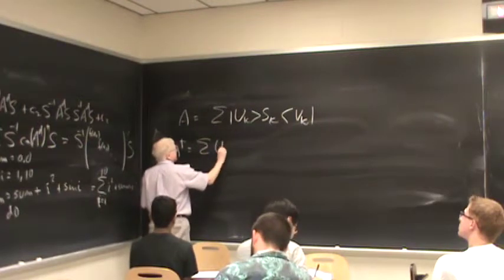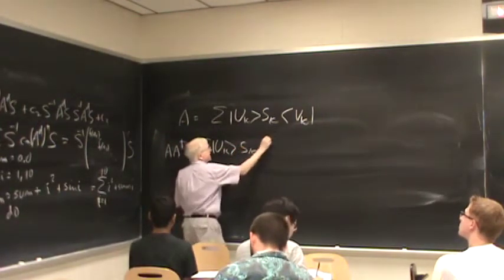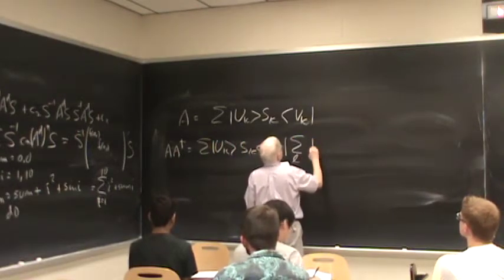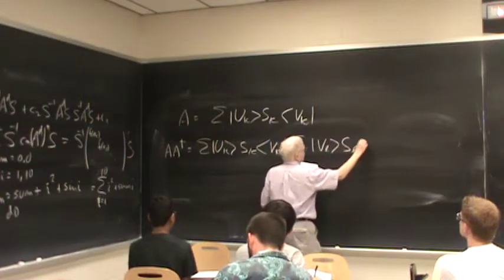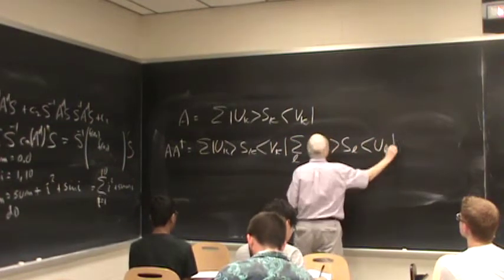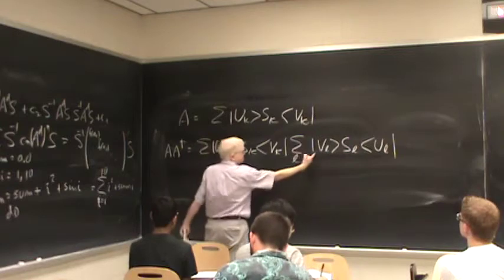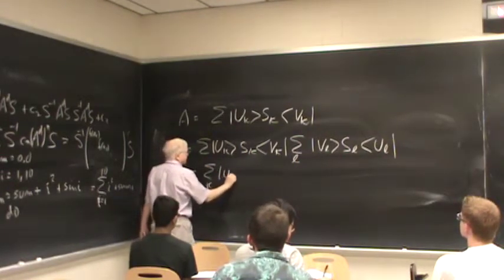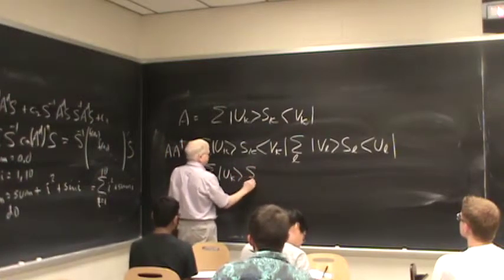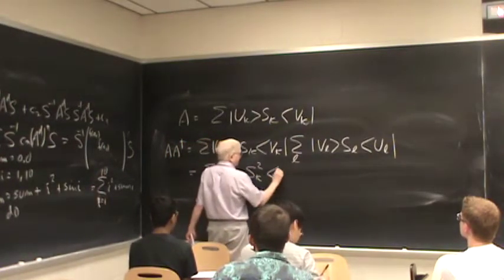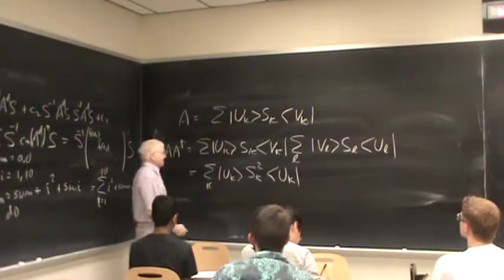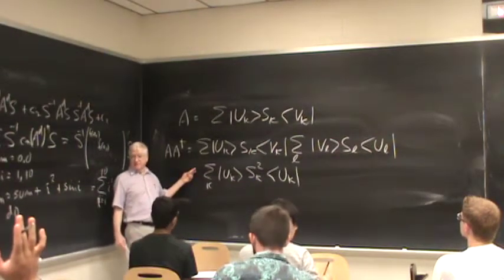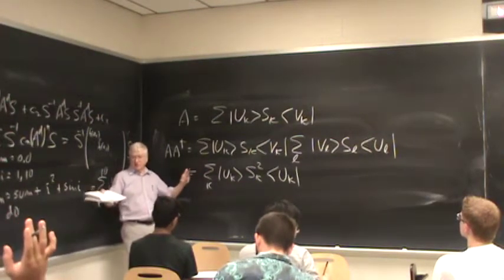Well, it's the sum of u_k, s_k, v_k dagger, sum on l of v_l, s_l, u_l dagger. And now this is just delta kl, and so this is the sum on k of u_k, s_k squared, u_k dagger. And so that tells you that the u_k are eigenvectors of A A dagger. That's the statement I made to you a little while earlier.